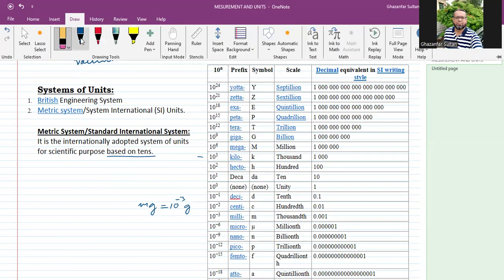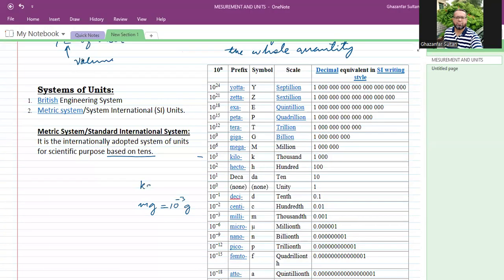Okay. So if you talk about kilogram, it means it is 10 raised to power 3 gram. Similarly, if you have to convert kilogram into gram, for example, if it is a very small quantity, that's 0.04 kilogram, so better to write it in gram. So what will you do?